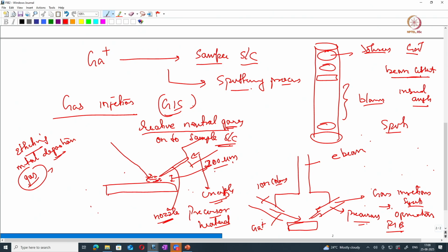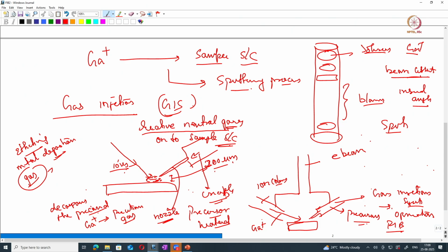Okay, and the gallium ions which are accelerated toward the sample surface can interact with this gas and can decompose the precursor. How? These gallium ions interact with the precursor gas and decompose these precursors.